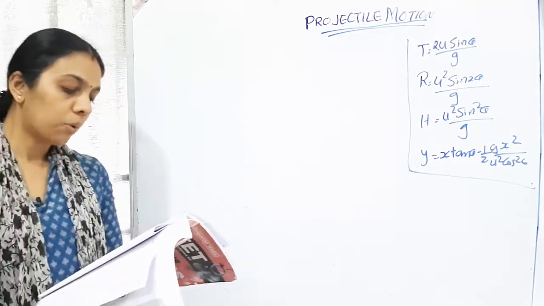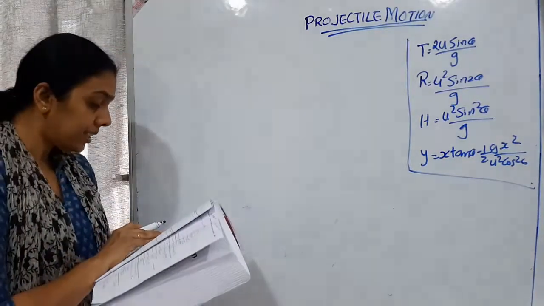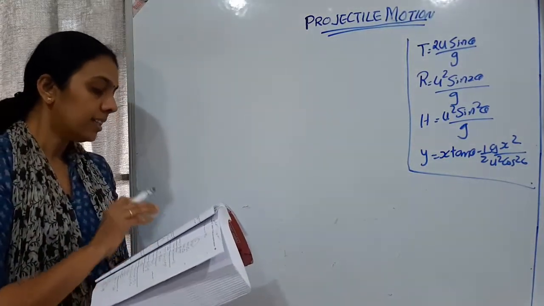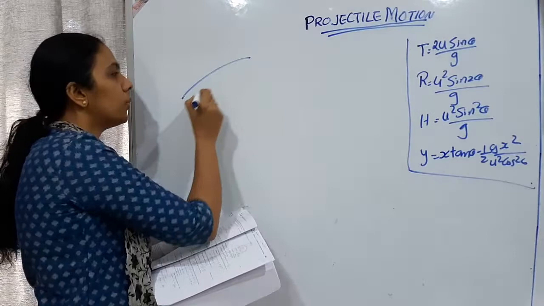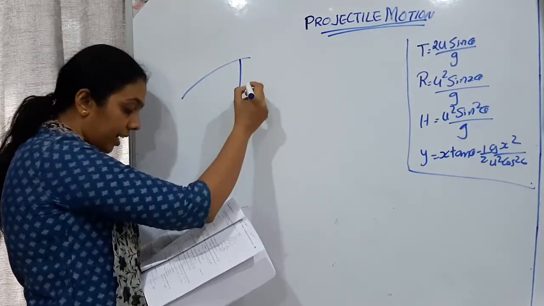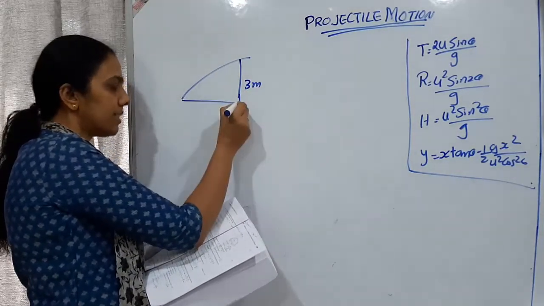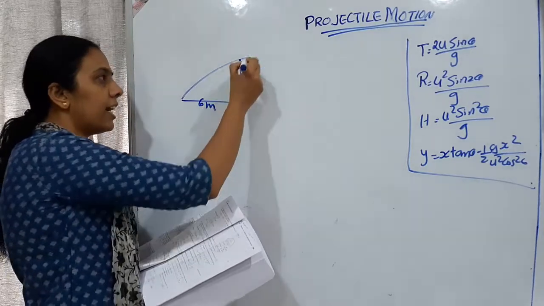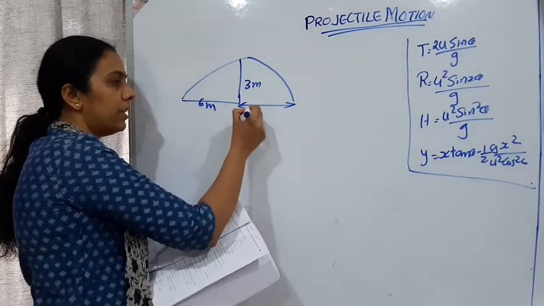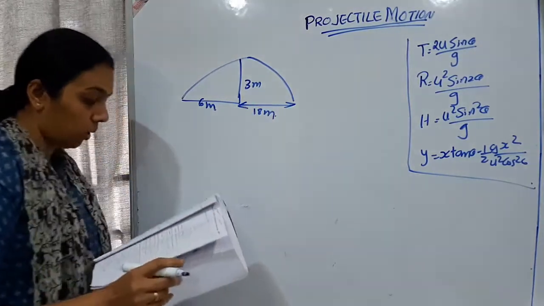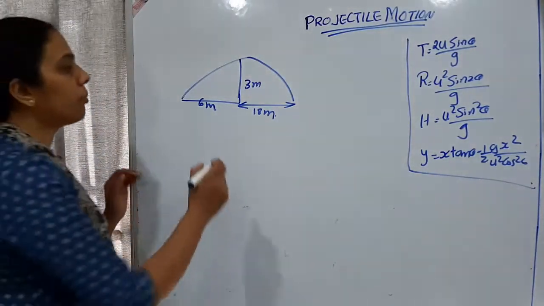So we are throwing a ball from the ground toward a wall, which is at a height of 3 meter, and the distance is given as 6 meter. It falls 18 meter away from the wall. We need to find the angle of projection.